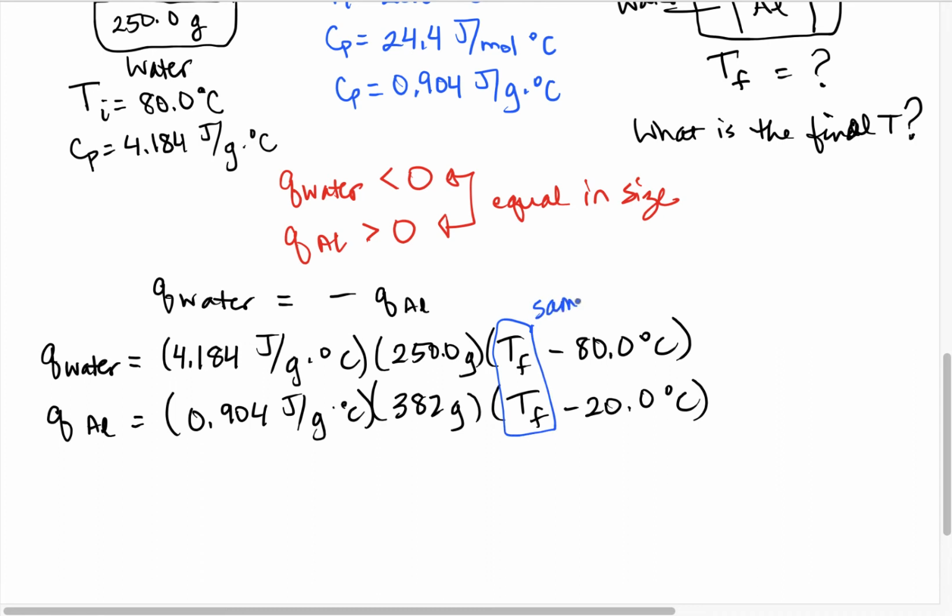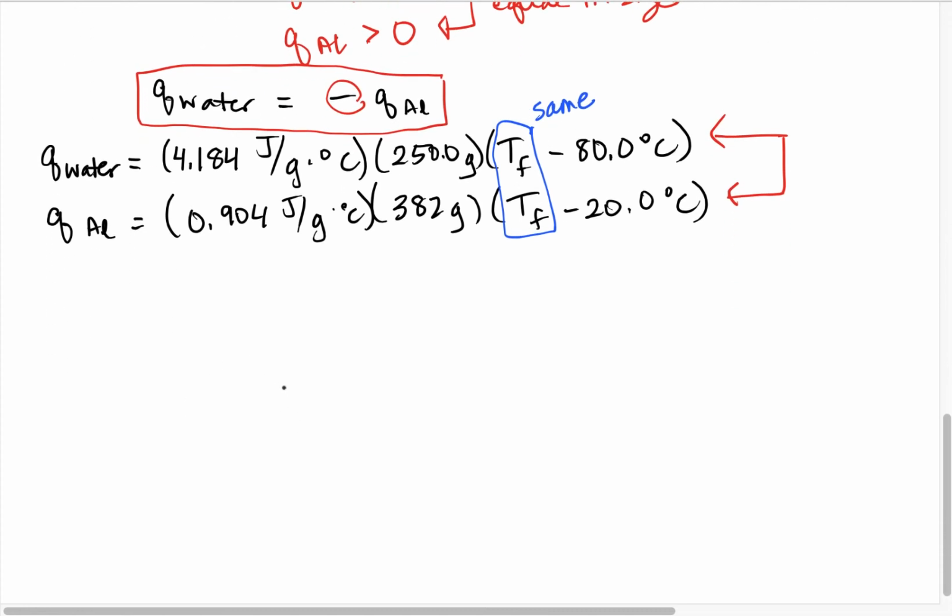This is one unknown. So we can use this equation right here, and we can take these two equations and set them equal to each other with that sign change. Don't forget the sign change, because otherwise they will not be equal, and your math will get really messed up. But we can put these together now.